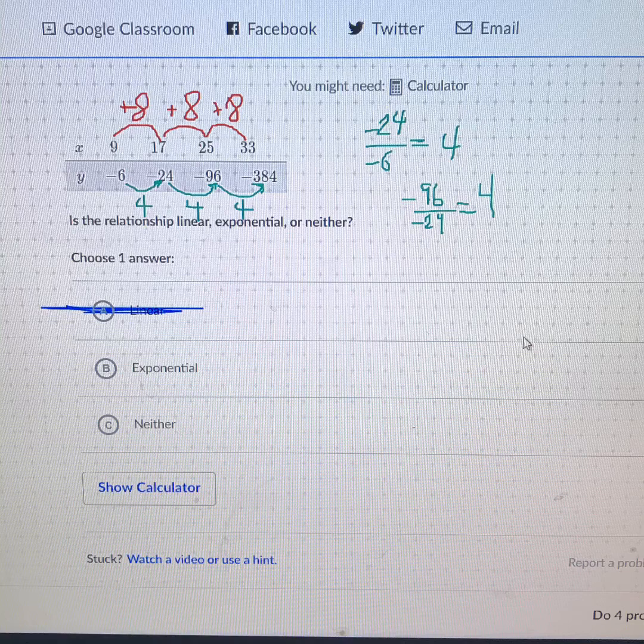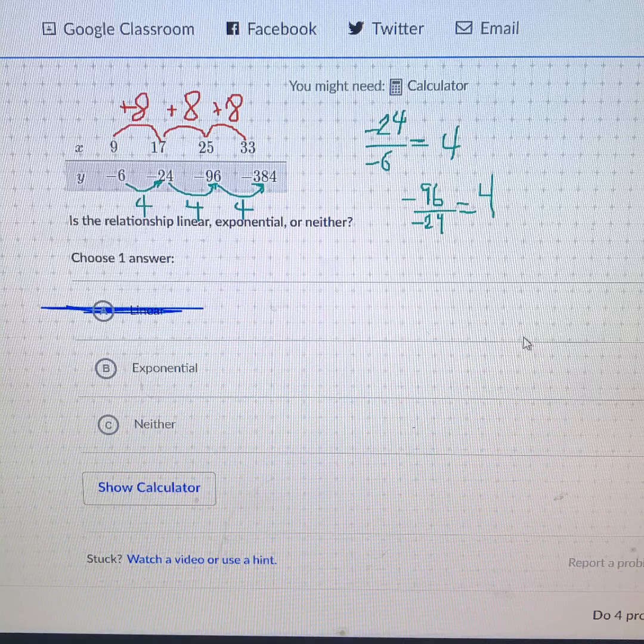So to go from -6 to -24, that means -24 over -6, that was multiplied by 4, or in other words, when I divided, I got a result of 4. And then I again noticed that -96 divided by -24 also gave me a result of 4, which means that -24 multiplied by 4 would give me my -96.